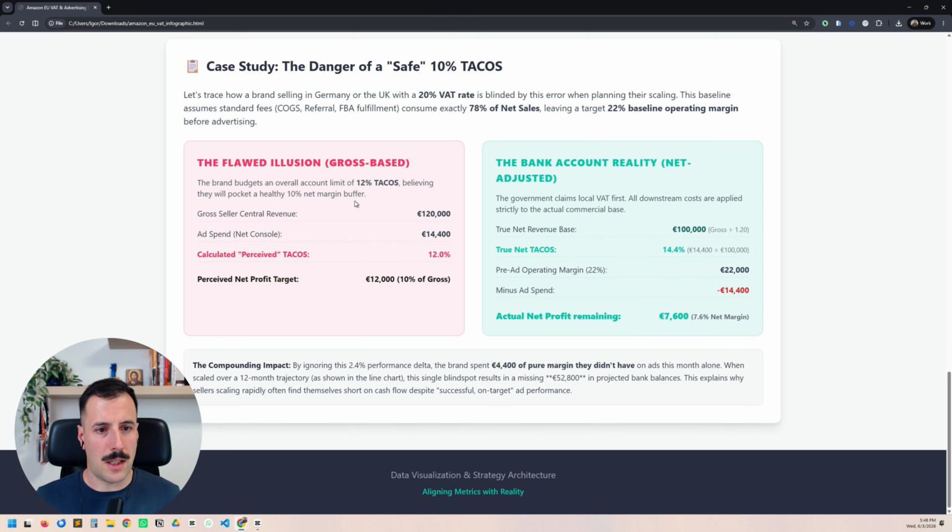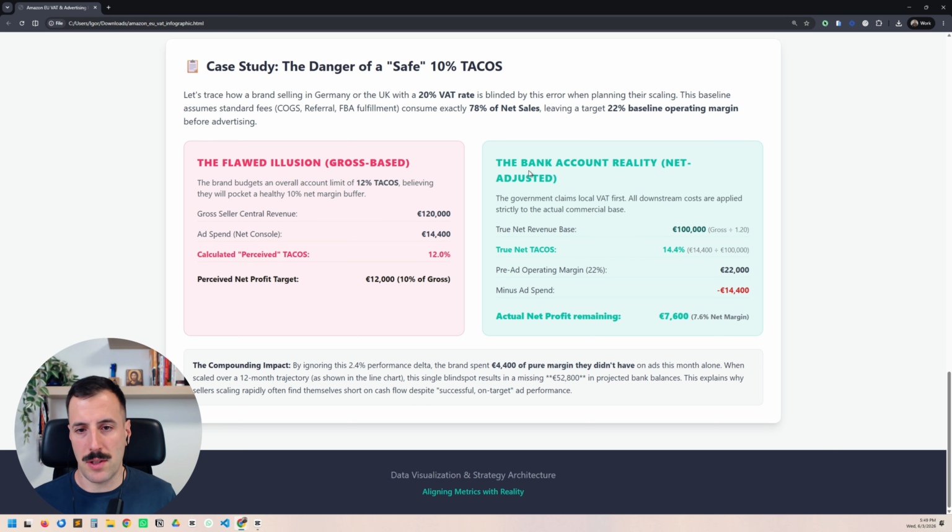So you would, again, calculate your gross Seller Central revenue as 120K, ad spend would be 14,400, and calculated total ACOS would be 12%. You would be happy because you would think your profit target is at 12,000.